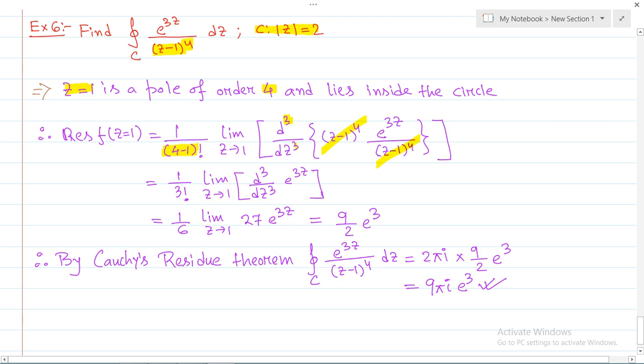We have to differentiate the inside function e power 3z three times. The result will come as 27 e to the power 3z, times 1 by 6, the limit z tends to 1. So the result is 9 by 2 e cube, that is the residue. So by Cauchy's residue theorem we have the final answer as 9 pi i e cube.